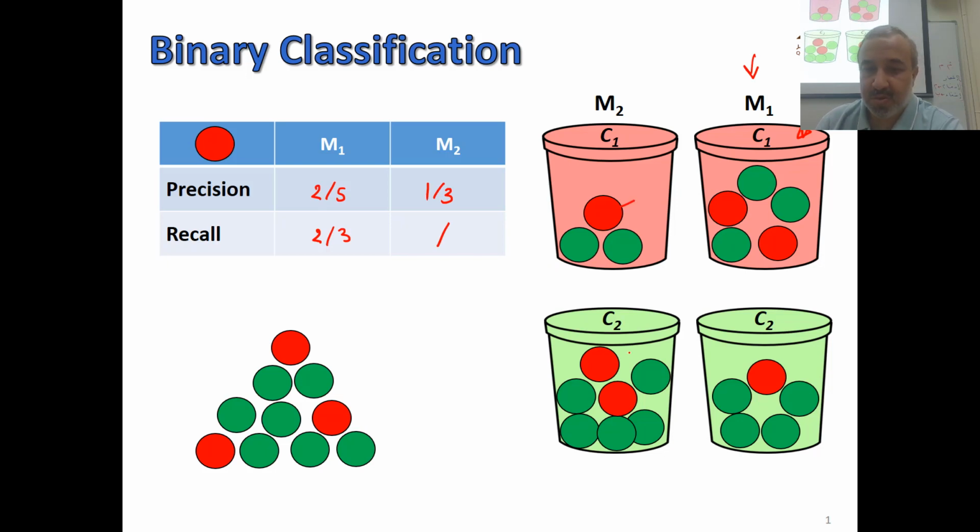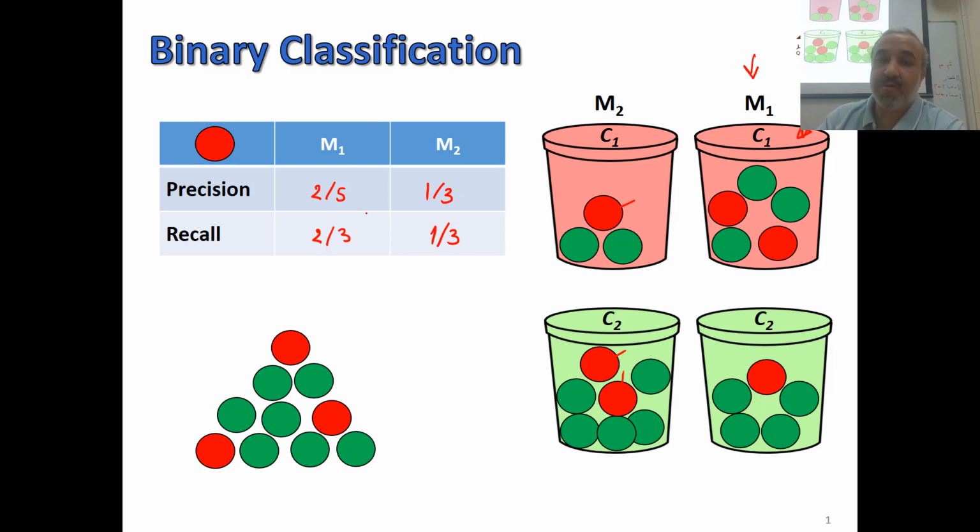This 1, 2, 3, right? So among those 3, how many are actually predicted positive? 1 only. Okay, so in this case, the precision and recall is the same. It just happened that way. Okay, but it's not always the same. As you see here that they are different.